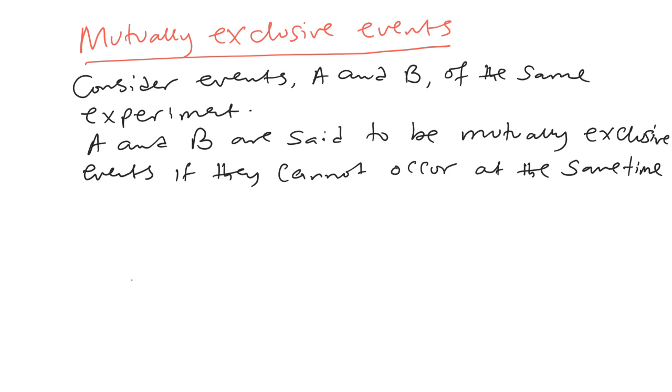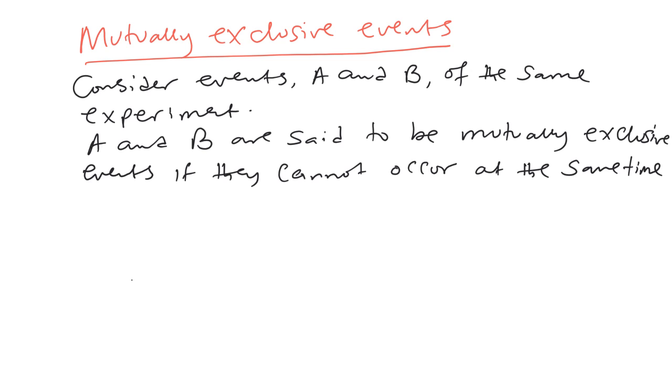Mutually exclusive events are those events of the same experiment that cannot occur at the same time. You perform an experiment and the events you are expecting cannot occur at the same time.